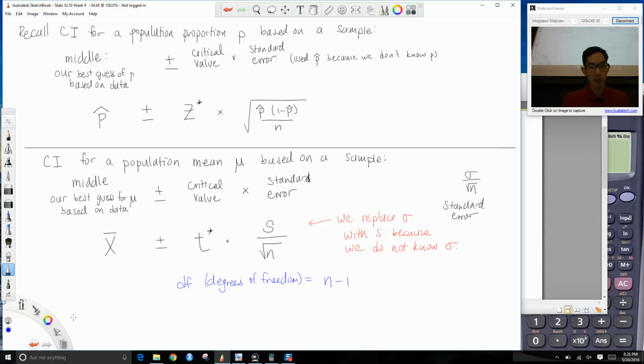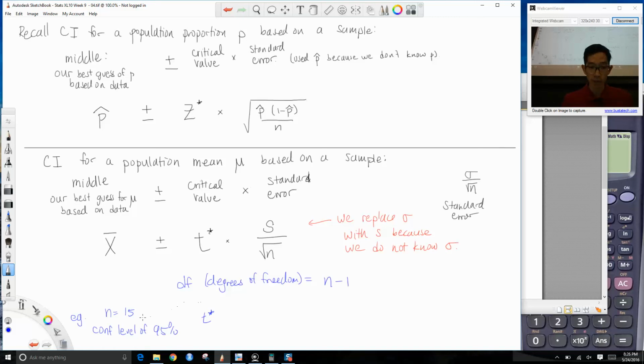So for example, let's say you have n equal to 15. You have 15 items in your sample, and you want a confidence level of 95%. Then the t star that you would use, how many degrees of freedom would we have here?